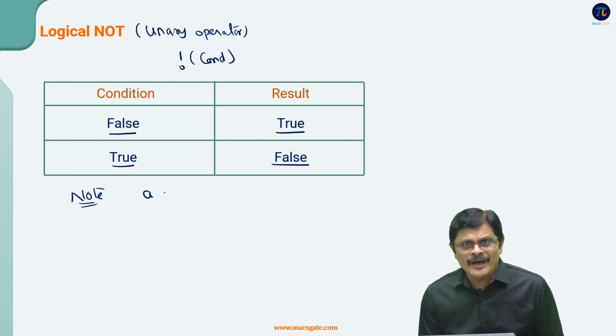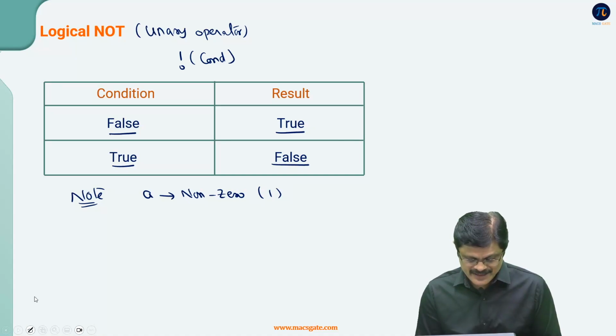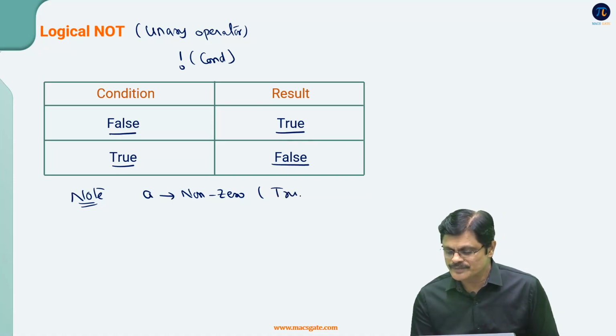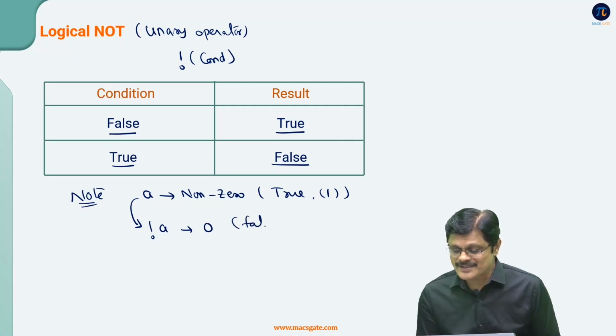Any non-zero value, suppose A is non-zero, it is considered as 1, true. Okay, you may misunderstand, but it is considered as true, and true is interpreted as 1. Note that point. So, when A is non-zero, in this particular case, NOT A becomes 0, that is false.